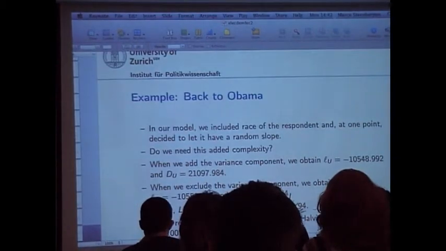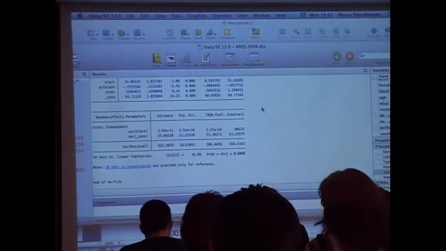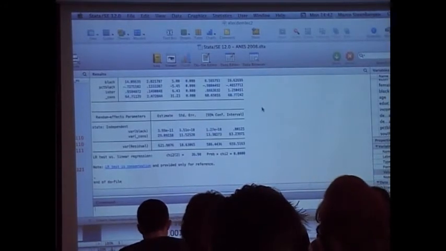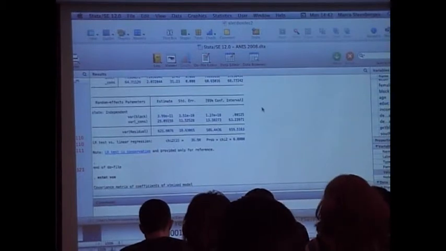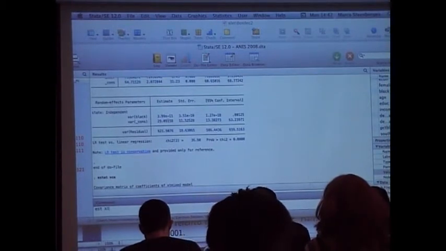There's another way to do this, and it's the following way. We've already estimated the full model that has variance components for both the intercept and the slope. And now I'm going to store these estimates.